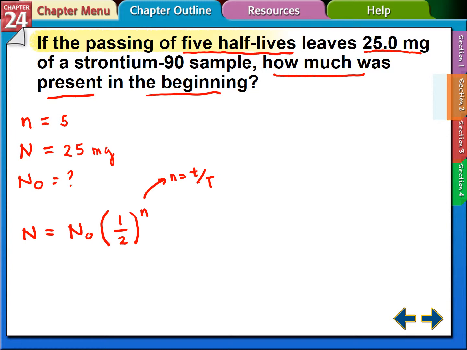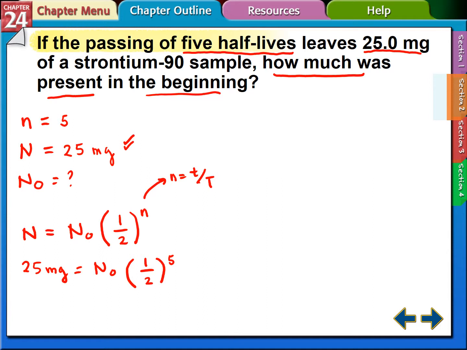Now let us substitute our values now. We have our N, or the amount remaining, is 25 milligrams, and we are going to solve for N sub 0, or the initial amount of radioactive isotope, multiplied by 1/2 raised to the power of 5, since it says here that 5 half-lives have passed.